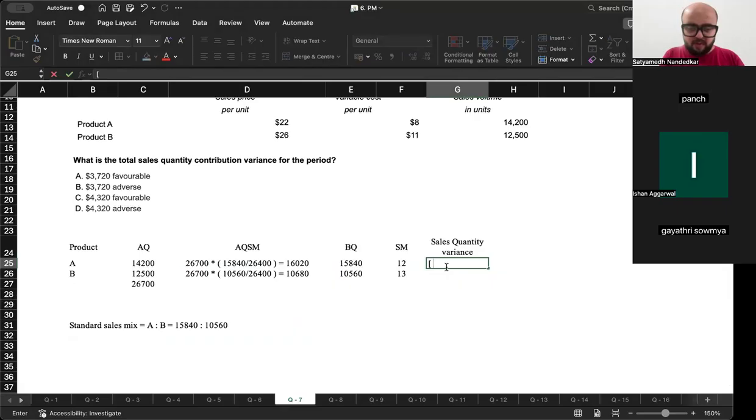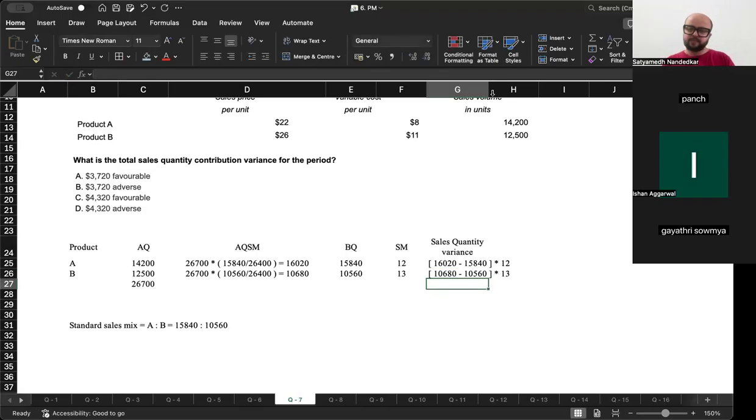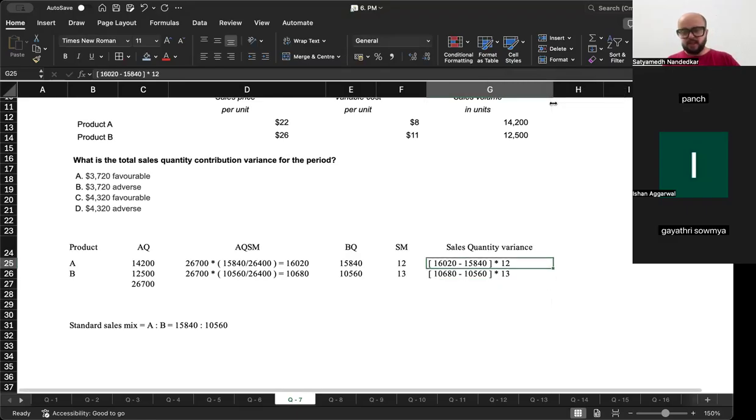You were supposed to sell 15,840 as per the budget, but you ended up selling more. 16,020 minus 15,840 into 12, and 10,560 is what you were supposed to sell, but you ended up selling 10,680 into 13. Tell me how much is your variance?